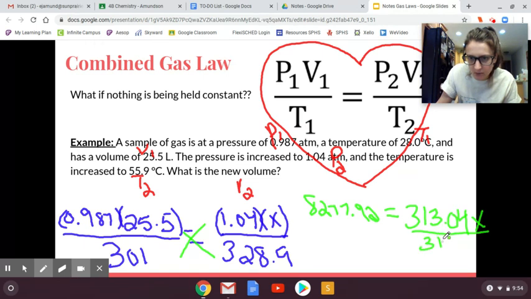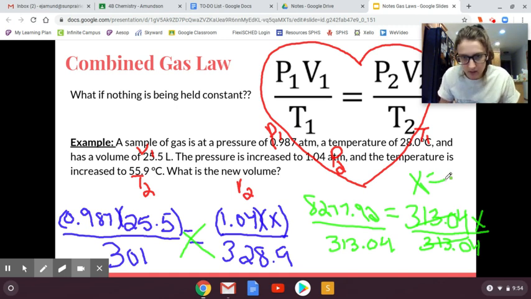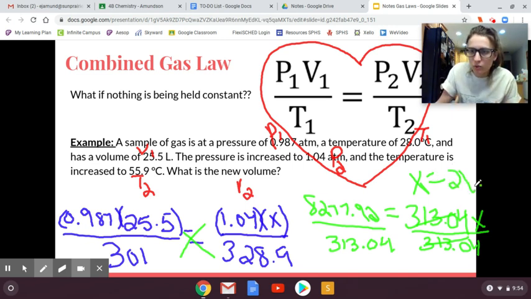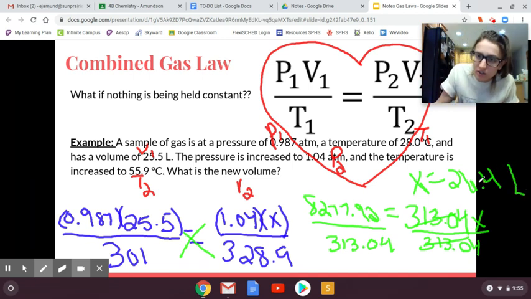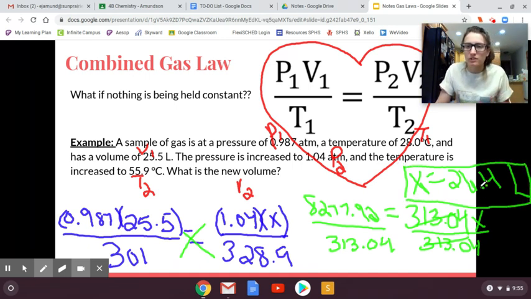Now I'll get x by itself by dividing both sides by 313.04. 8277.92 divided by 313.04. We should get that x is equal to 26.4. And then the unit: we solved for V2 and V1 was in liters, so this is going to be liters. So the final volume after these changes is 26.4 liters.